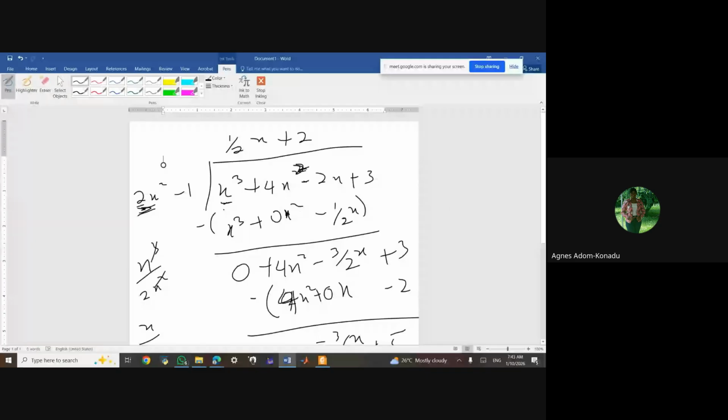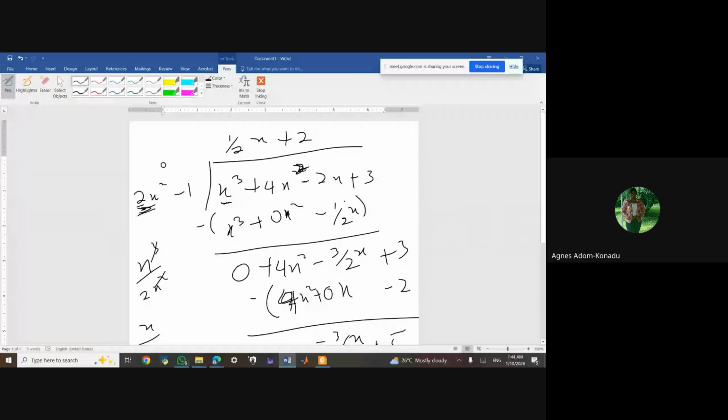Then after that, I'll put this in a bracket. Then I'll bring negative. When I bring negative, it means that I'm subtracting what is in this bracket from what is up here. So when I subtract this x to the power 3 from x to the power 3, it will give me 0. Then I'll subtract 0x squared from 4x squared, which will give me 4x squared.